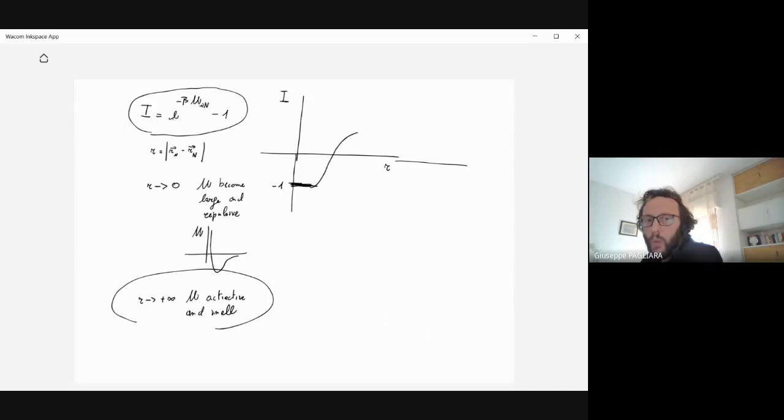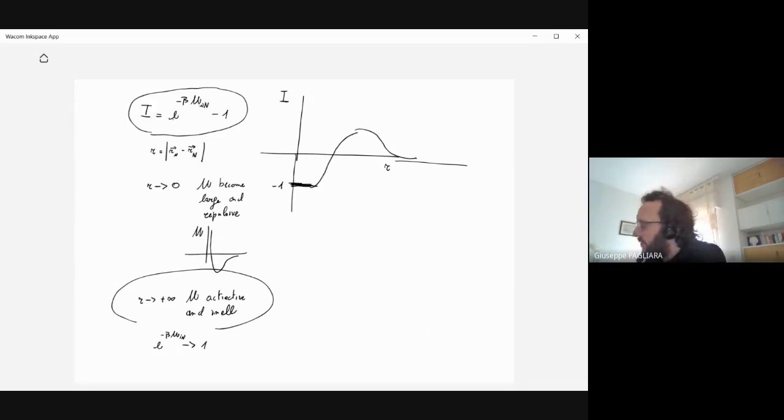Okay, and then what happens when r is going to infinity? This will go to 0, something like that, because when r is going to infinity, the exponential of minus beta u goes to 1, and therefore 1 minus 1 goes to 0.